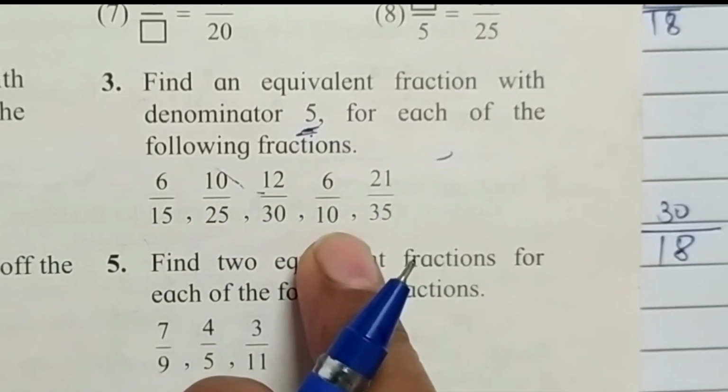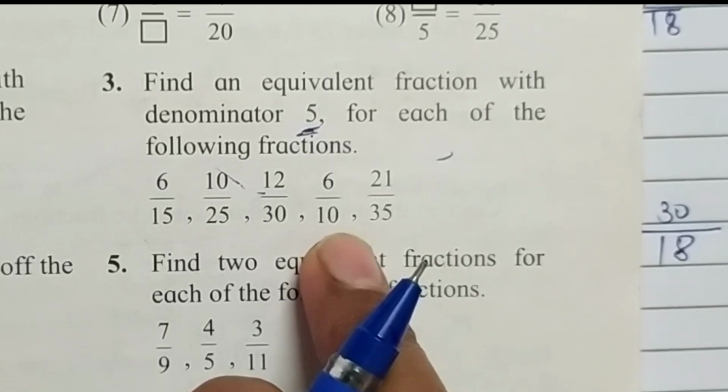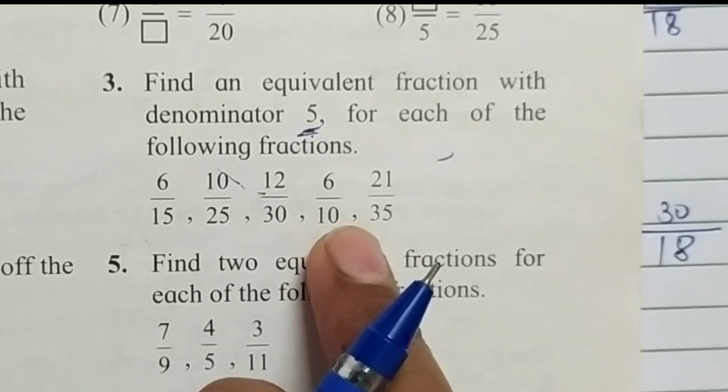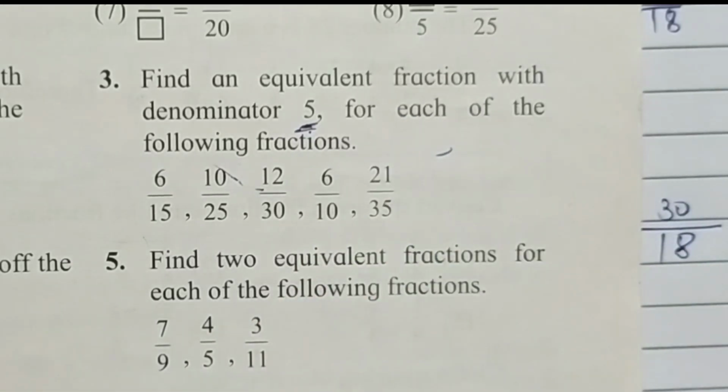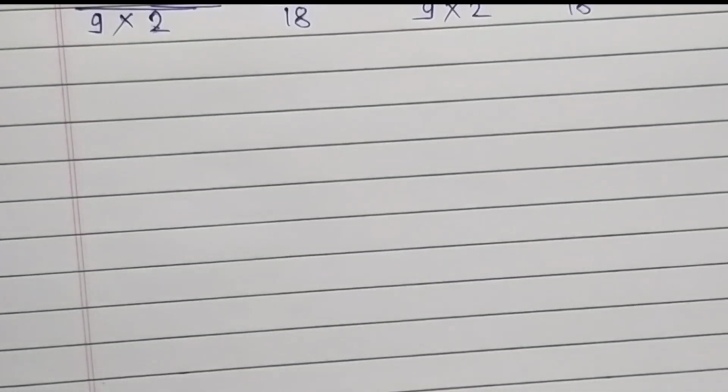So when there is a big number and we have to find a smaller number, we must divide the fraction by the exact number, so we get the answer 5.